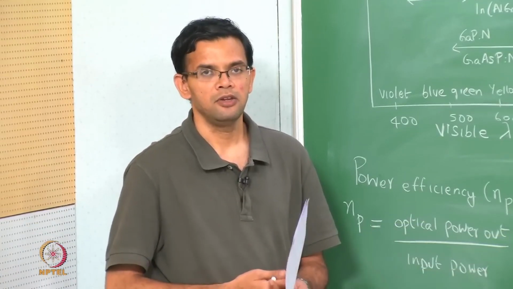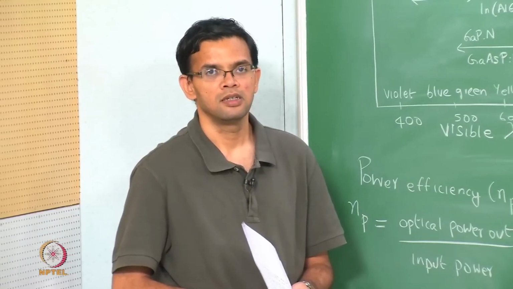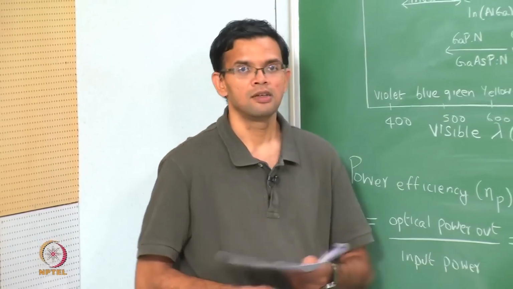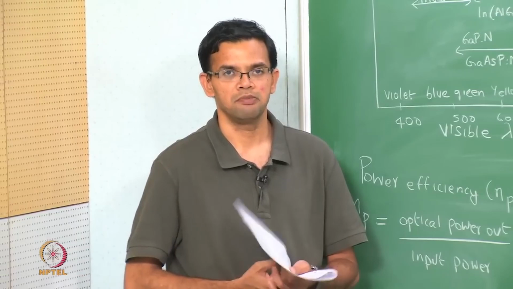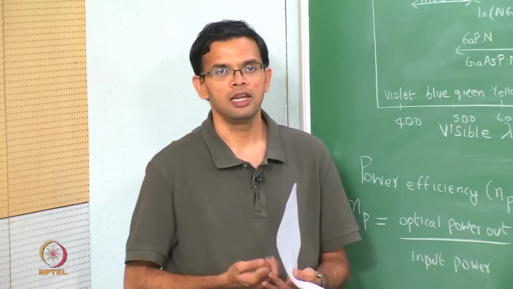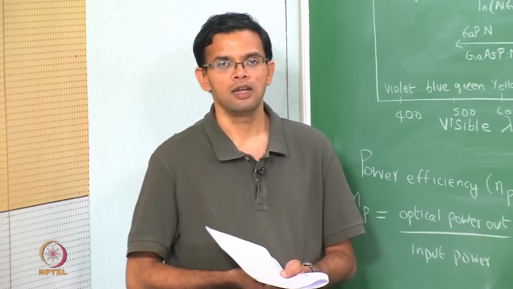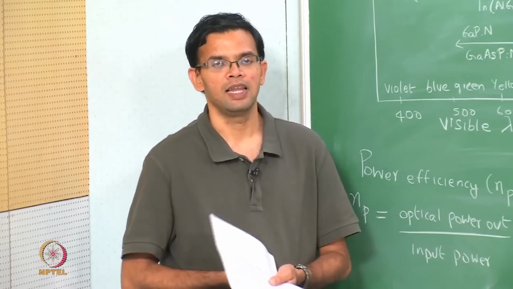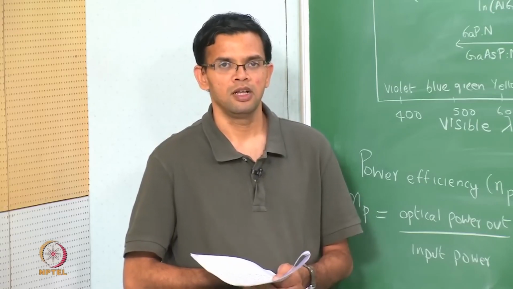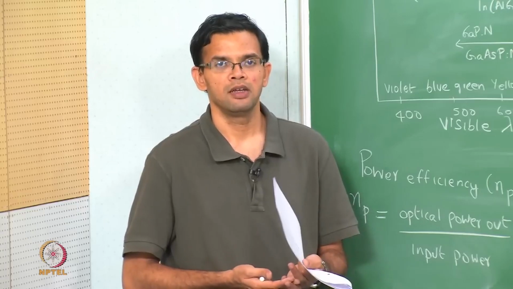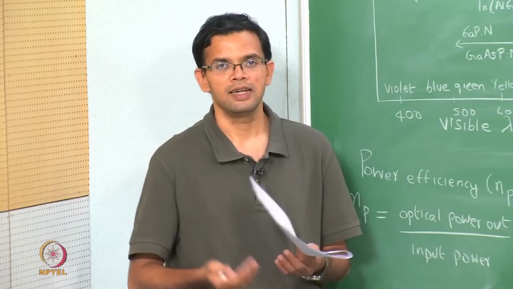Carriers are injected into this organic material which then recombine to give you light. Because they are organic materials, we do not talk about valence band or conduction band, but we talk about molecular orbitals. We have the highest occupied molecular orbital, which is similar to a valence band, and the lowest unoccupied molecular orbital, which is similar to a conduction band. So when electrons and holes recombine across this, you will get light.